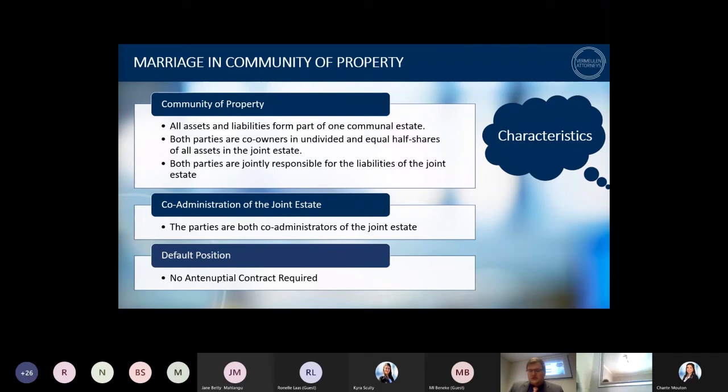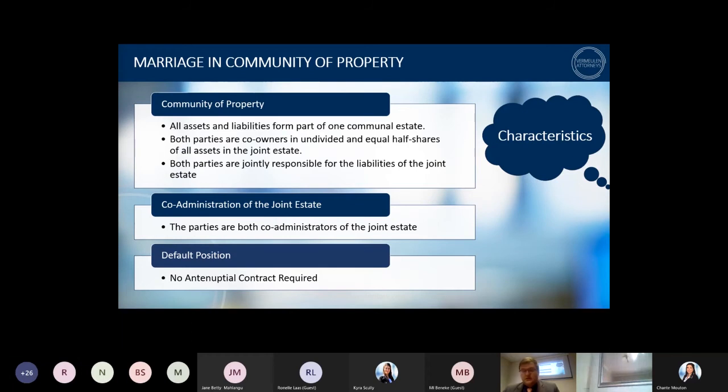Fortunately, the Matrimonial Property Act came along and changed that, and it abolished the marital power to the extent that if there is a marriage in community of property, both spouses, husband and husband, wife and wife, have the same powers in respect of the joint estate, and they are equally liable for the obligations of the joint estate.